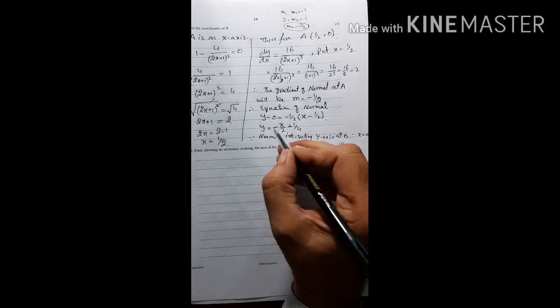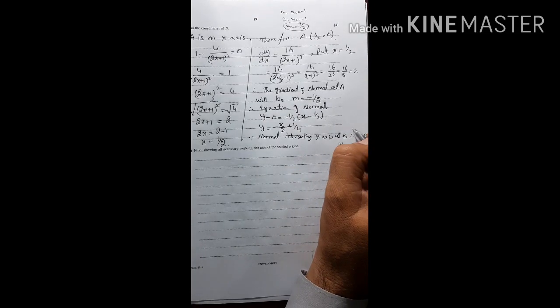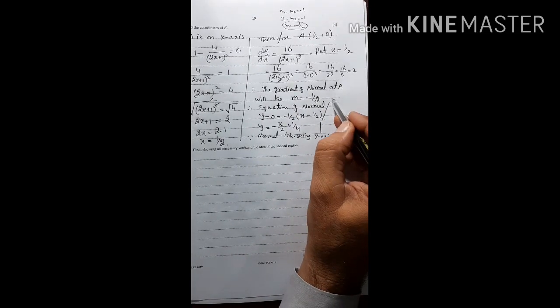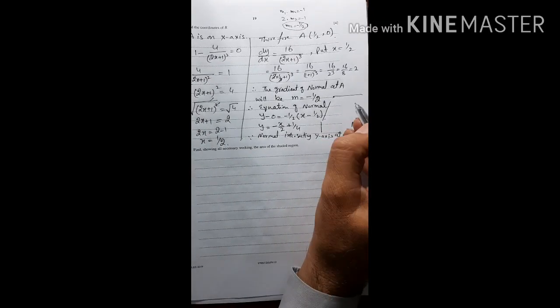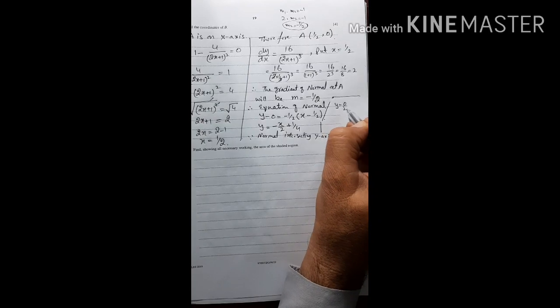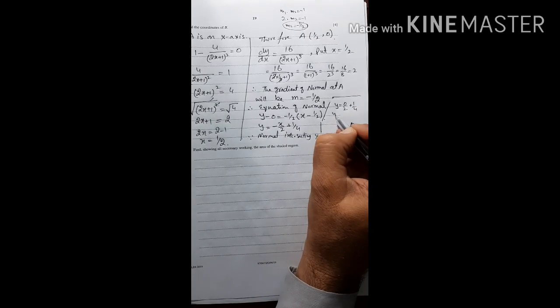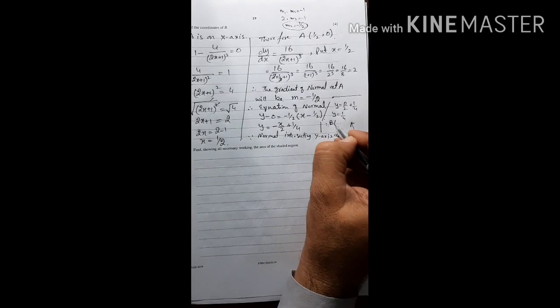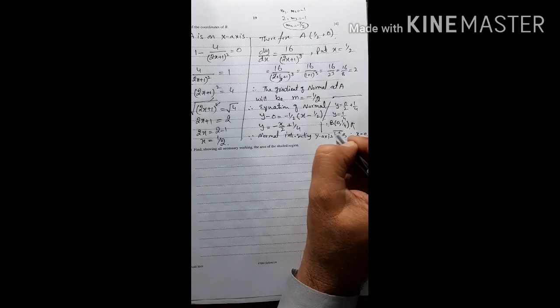So I'll put x equal to 0 in the normal equation. So y is equal to 0 over 2 plus 1 over 4. So y is equal to 1 over 4. Therefore, coordinates of B are 0 and 1 over 4. This is our answer.